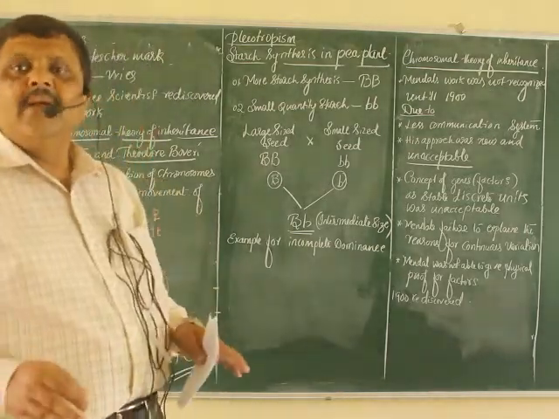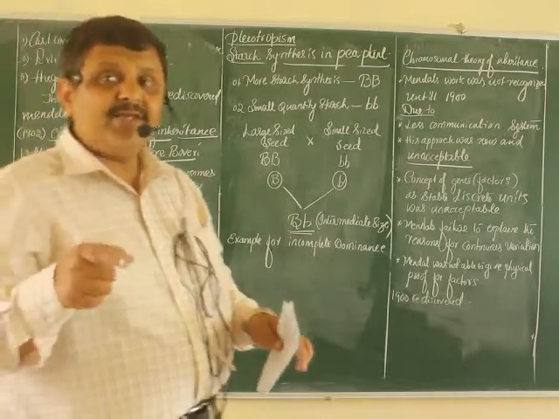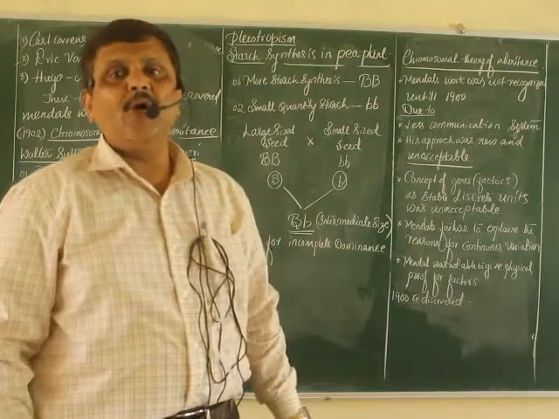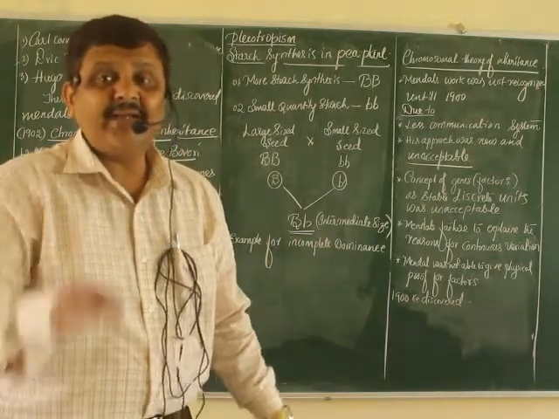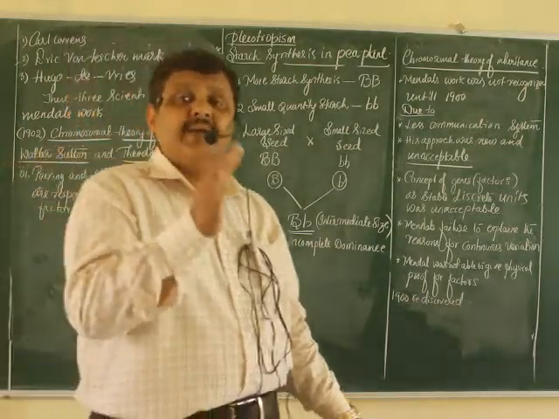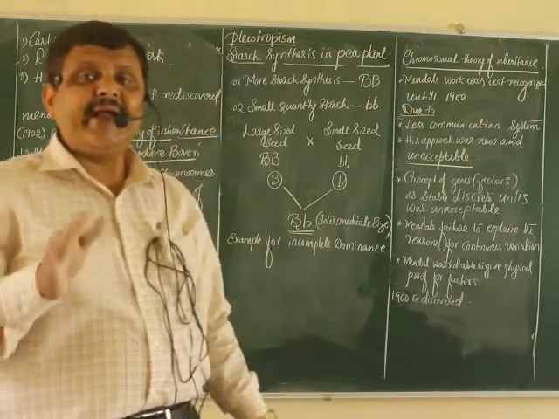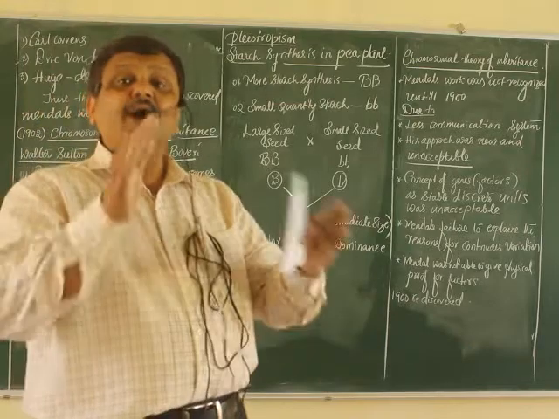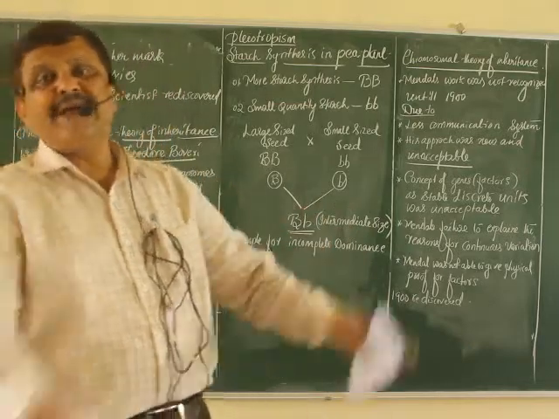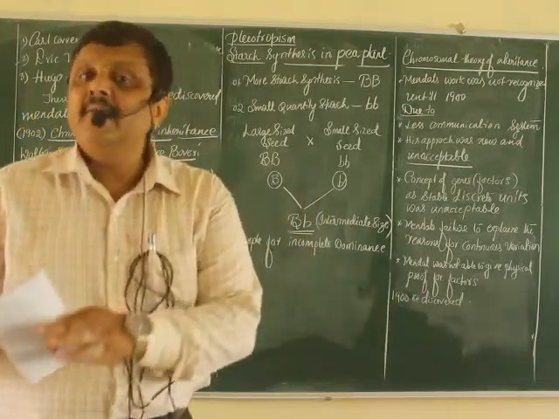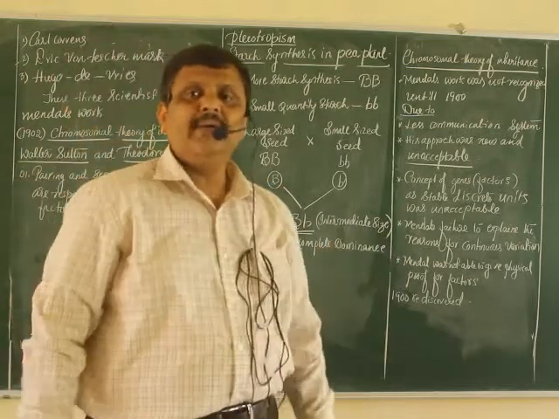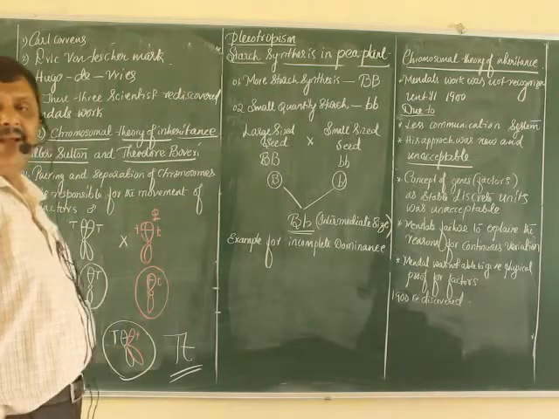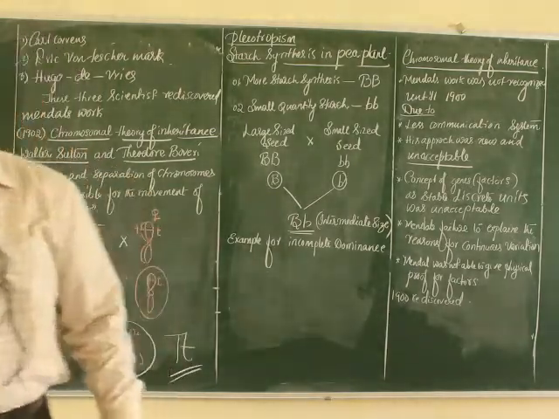If he wants to move from one place to another, the bus should move. I hope it is clear to you. Imagine that the human beings in the bus are the traits or characters, and the bus is the chromosome. If the bus moves, then the traits also move. Like that, Sutton and Boveri explained. I hope it is clear to you.